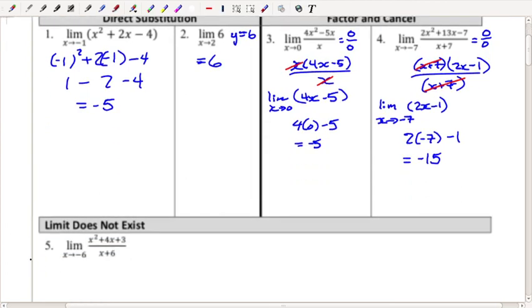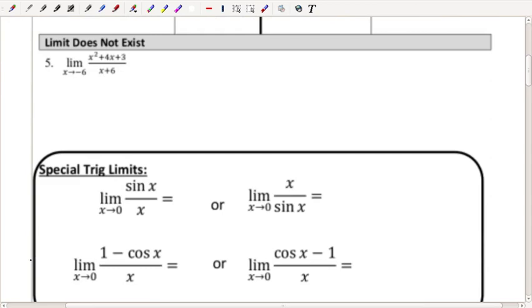Now we're going to take a look at an example where the limit actually does not exist. We've seen some of these graphically where we've got either a jump discontinuity and our limits from both sides are different, or we're going with an asymptote and going to infinity. So again, I don't know what type I'm going to get before I start, so I'm going to try direct substitution, and I plug in -6 squared plus 4 times -6 plus 3 over -6 plus 6.